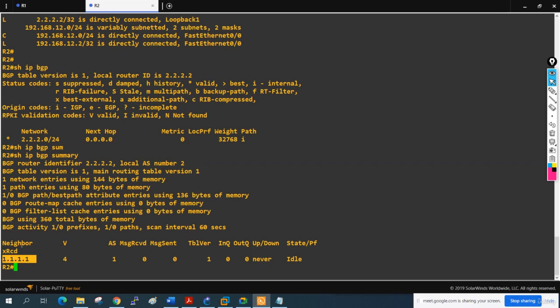This is my neighbor, and this is version 4. And the neighbor is in which state? Neighbor is in idle state. Why is it in idle state? If you remember, we told we have the BGP states. First one is idle, then we have the other states. If you remember, we did that before. So still we have some issue, that's why this neighbor is stuck in the idle state.